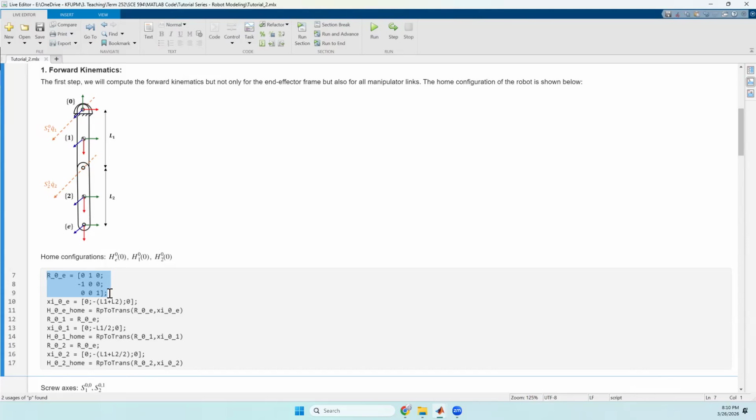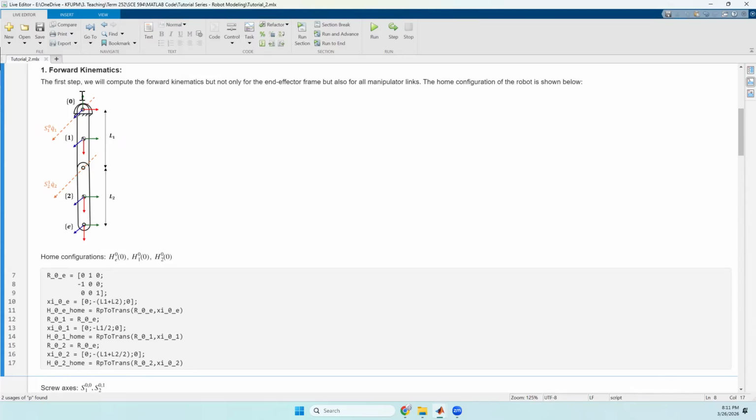in the home configuration, what you can look at here from the figure, this rotation matrix, you can easily deduce it from the figures here. So if you look at the orientation of frame E, we'll find that the X direction, which is the red arrow here of the E frame, is in the negative Y direction.